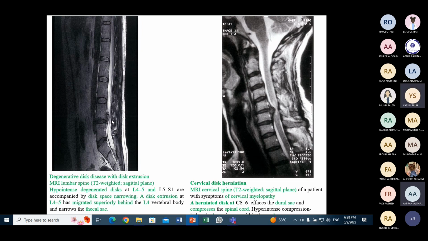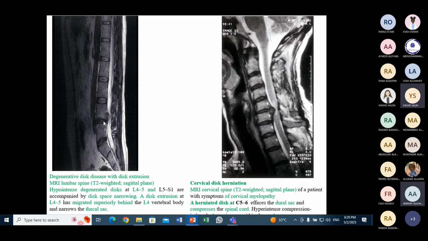This is hypointense. What is the level of this disc? How do we know the level? These are lumbar vertebrae.